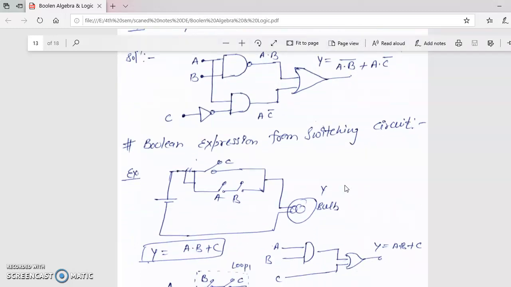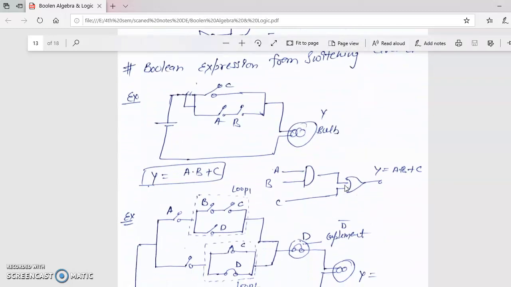Okay. Next one is Boolean expression from the switching circuit. If the examiner gives a switching circuit like this and asks the Boolean expression, then it is very easy. See, this is the external power supply, that is the VCC we can say, and this is A, B and C. These are switches.